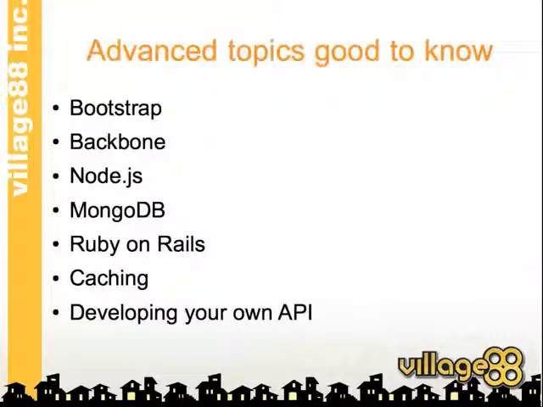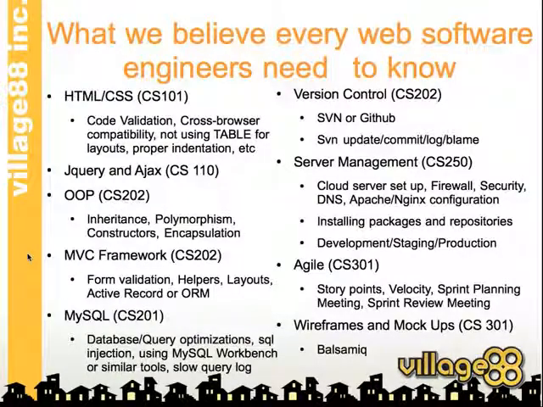But let me go a little bit further. There are other topics that are good to know, such as Bootstrap, Backbone, which is an MVC framework for JavaScript, Node.js, MongoDB, Ruby on Rails, caching to speed up your server, developing your own API. But these are all really easy for you to learn if you know all of these fundamentals.